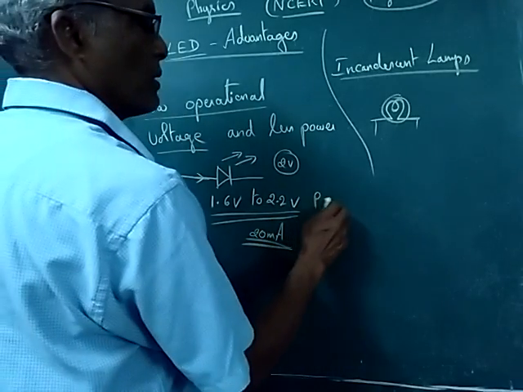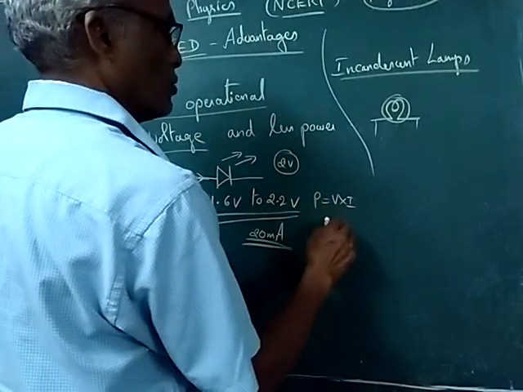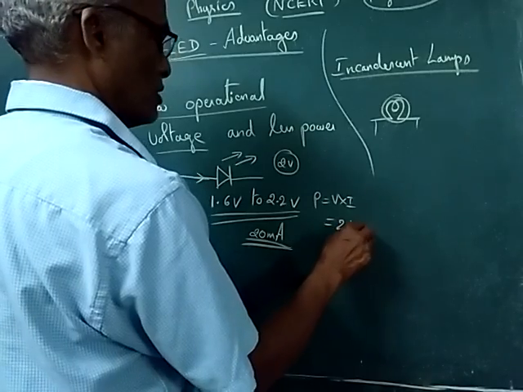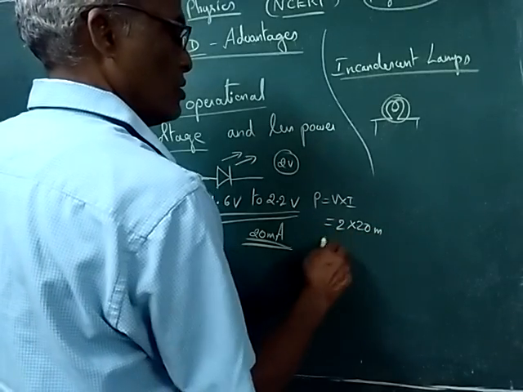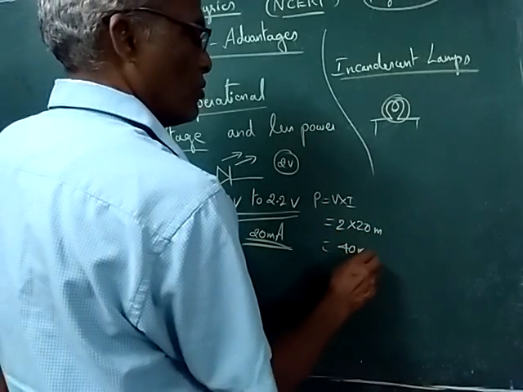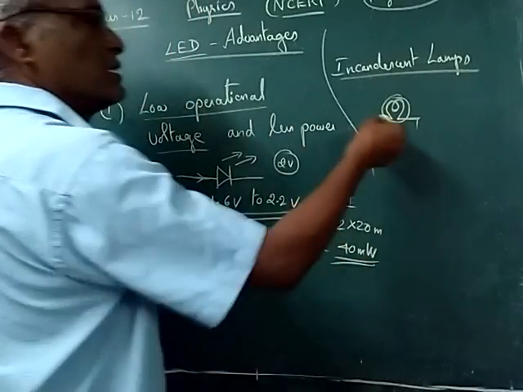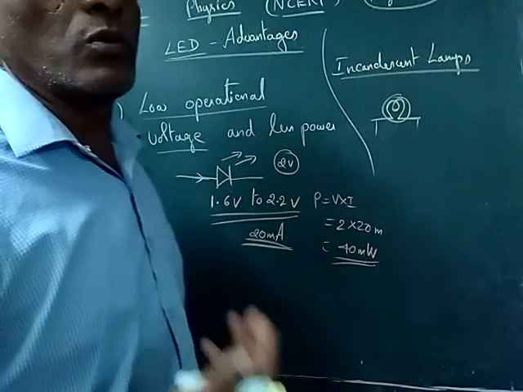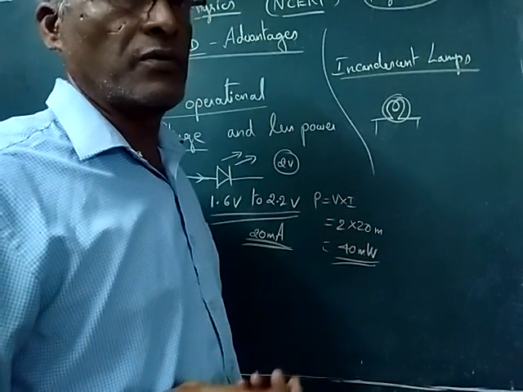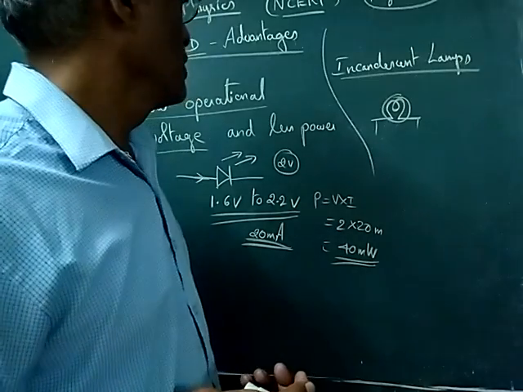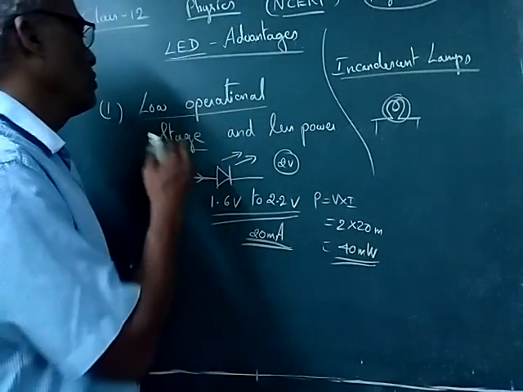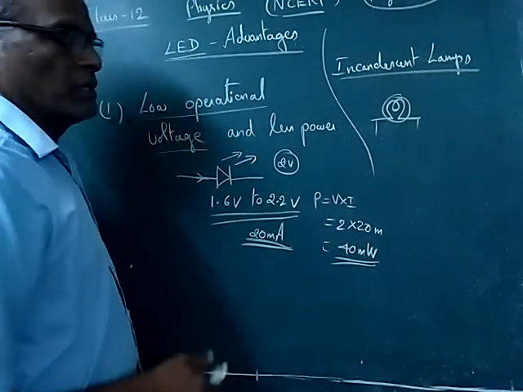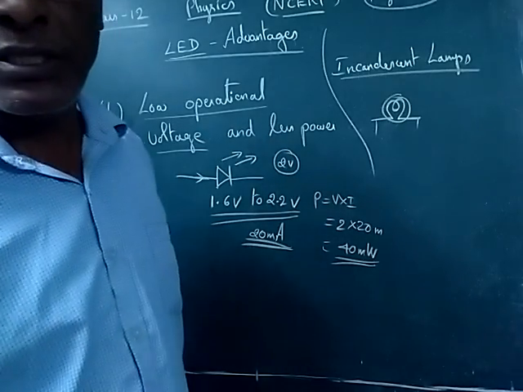We all know power is equal to V into I, so 2 into 20 milli gives you 40 milliwatt. Whereas here it goes in watts, 1 watt, 2 watt, 60 watt, 40 watt lamps. So low operational voltage and less power. This is the first point.